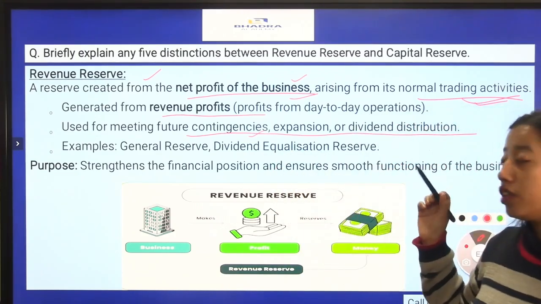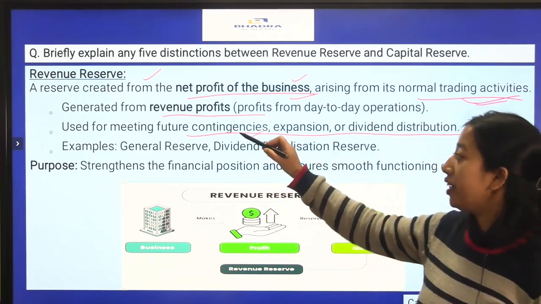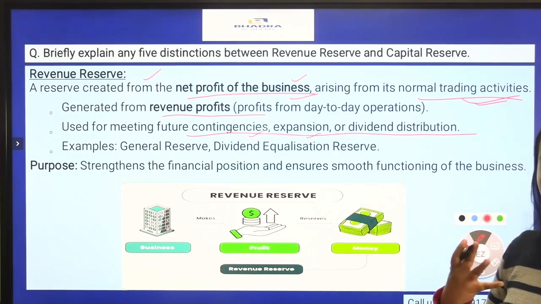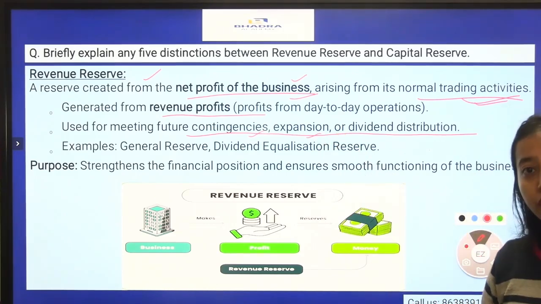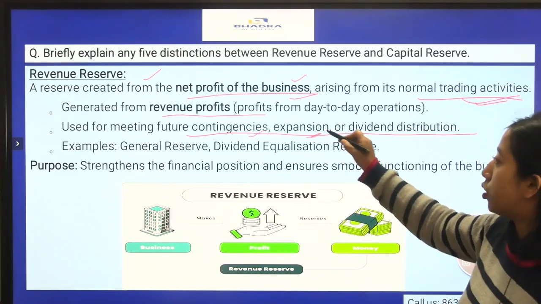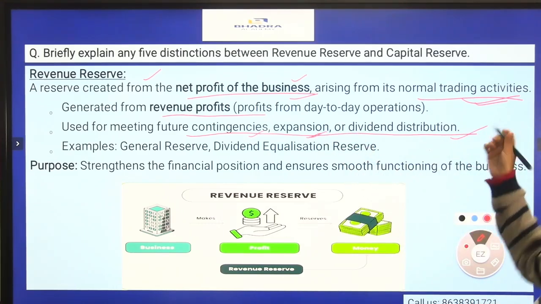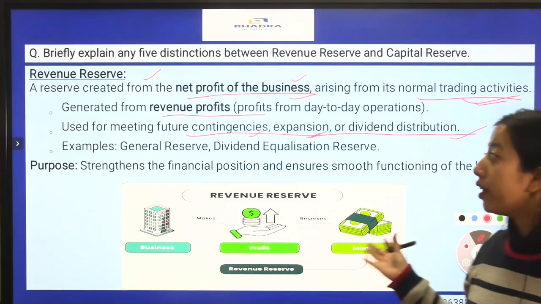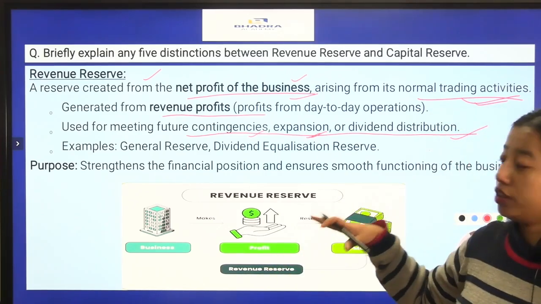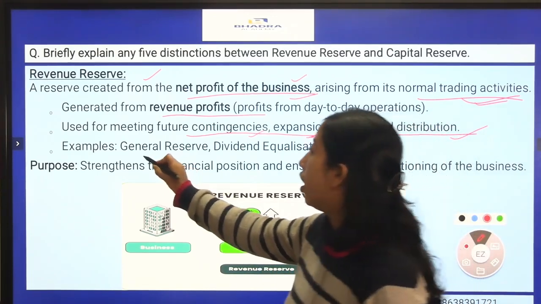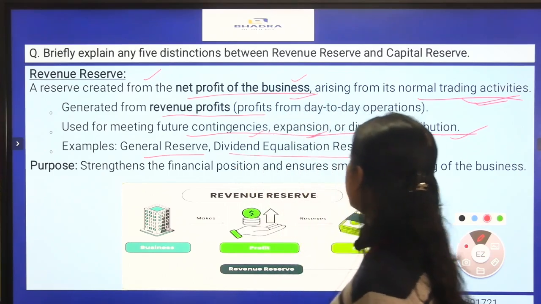Revenue reserve is also used for expanding the business, maybe to buy machinery or to open a new branch, that we call expansion. And for dividend distribution, paying dividend to the shareholders, revenue reserve is used. Examples of revenue reserve are general reserve and dividend equalization reserve.